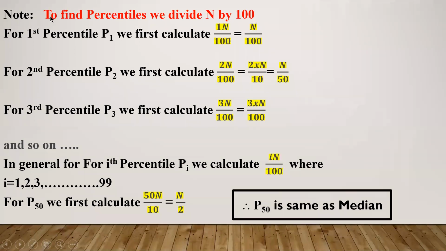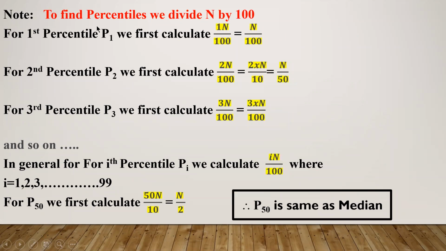Look at what I have written: to find percentiles, we divide n by 100. For example, for median we were dividing n by 2, for quartiles we were dividing n by 4, and for deciles we were dividing n by 10. Similarly, now for percentiles, we will divide n by 100.